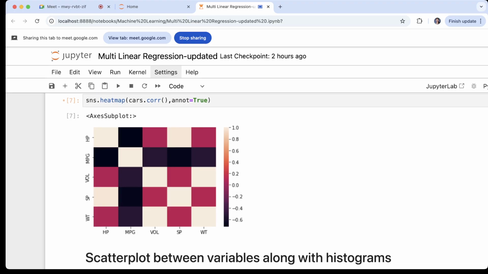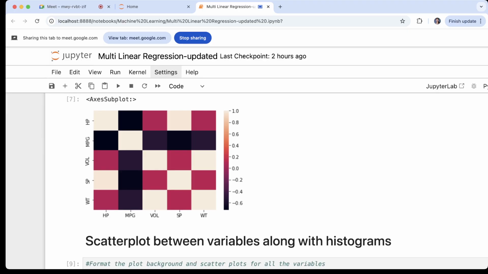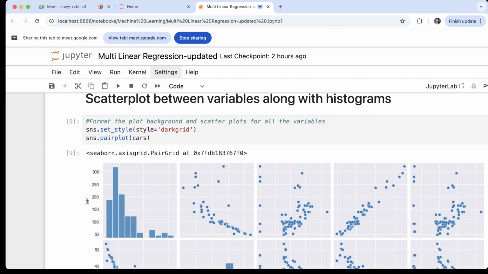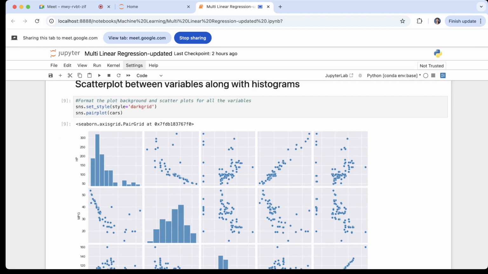It will just give us a perspective. So black values indicate low or no correlation, white values indicate the high correlation, and then the red are intermediate. Then this is a scatter plot along with the histogram.